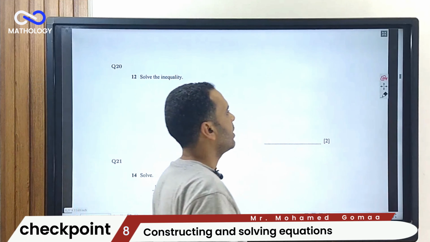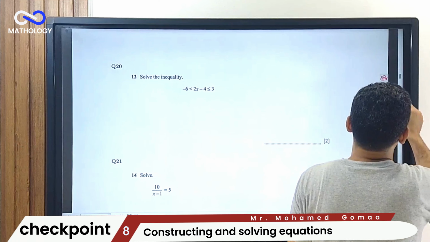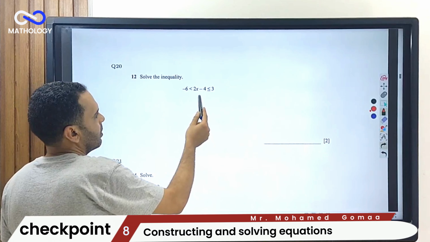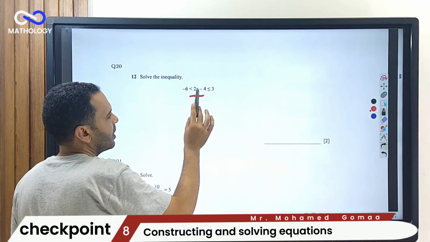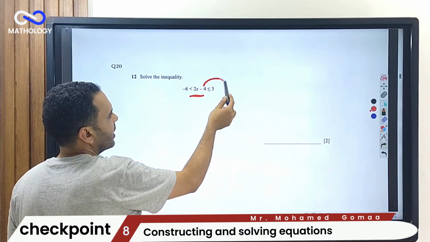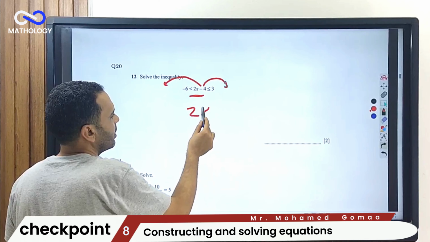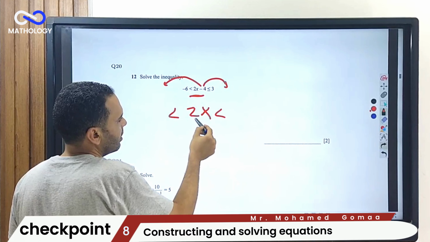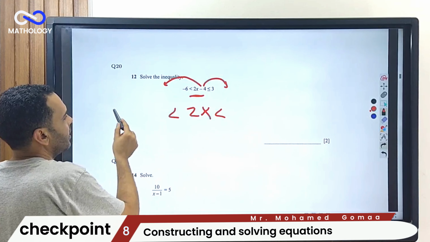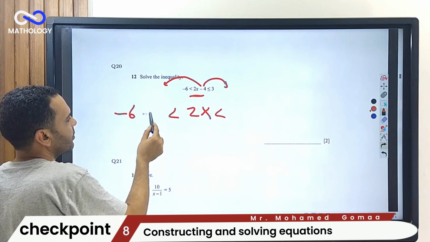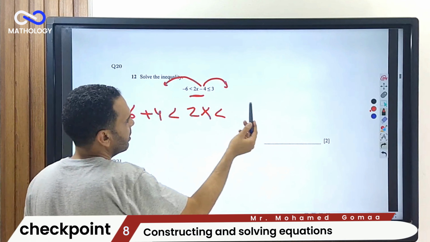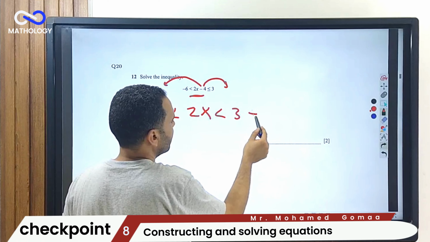An inequality like this with 3 sides. First, the same steps. Transpose -4 here and here with the opposite sign. Keep 2x in the middle. Okay, here -6 plus 4, and on the right side it will be 3 plus 4 also.